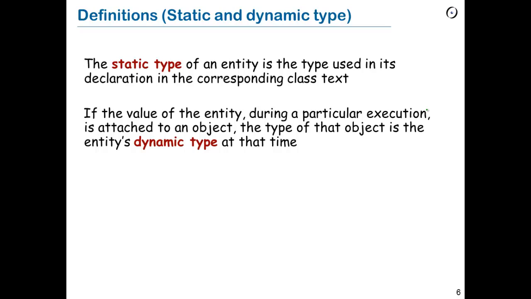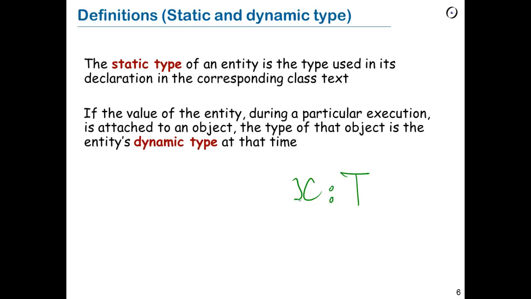So I can declare x, for example, of type t. And this is something that appears in the class text. Well, x is a certain entity, in this case it's a variable, and it's declared with a certain type. We call that type the static type of x.